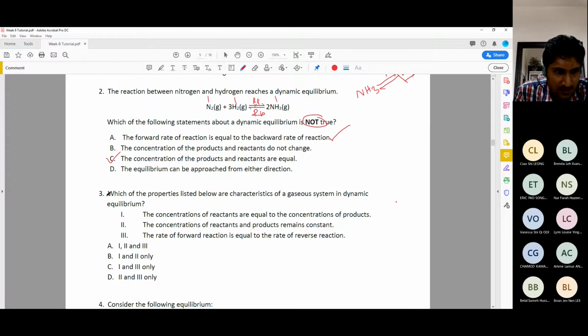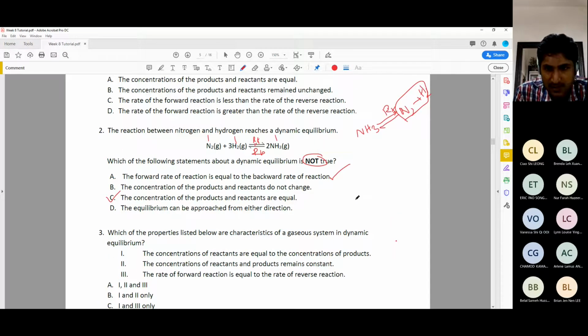Who has question number 3? The equilibrium can be approached from either side. We just wrote it this way. If you put nitrogen and hydrogen, it will produce ammonia, and at some point it will be stable. That is the equilibrium.